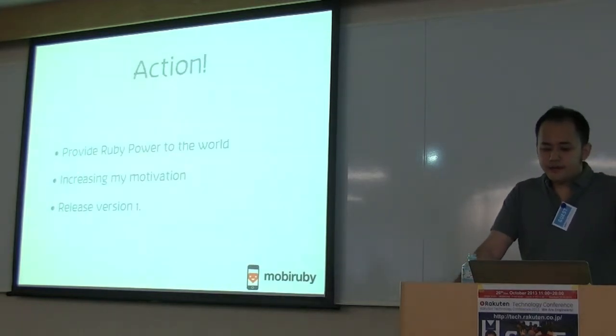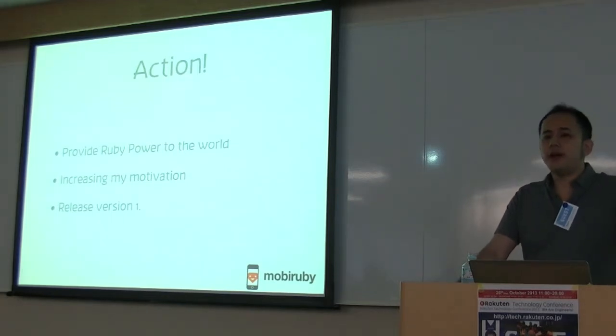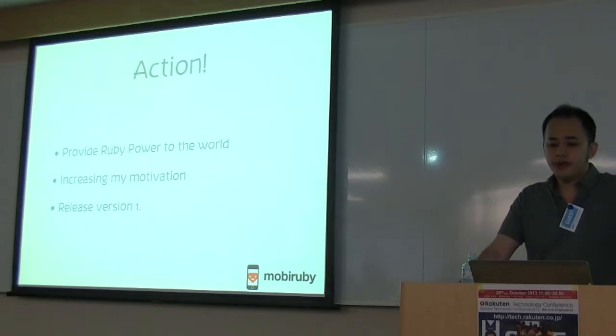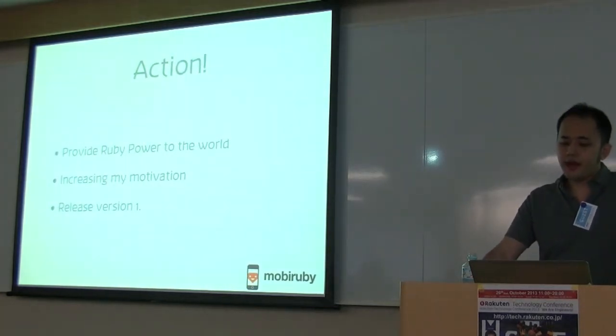My vision is to provide Ruby power to the world, especially mobile phone development. Ruby made its mark and provided its power to server-side programming at most of the layers. I want to provide the Ruby power to mobile app development.